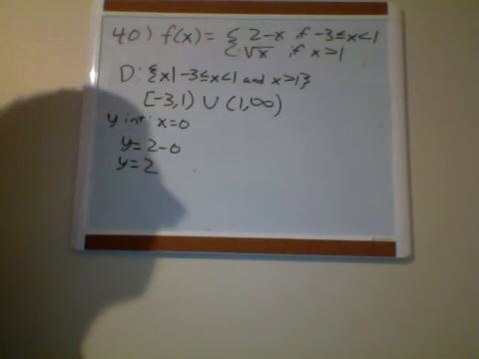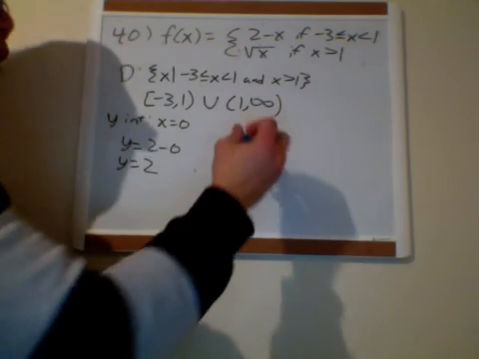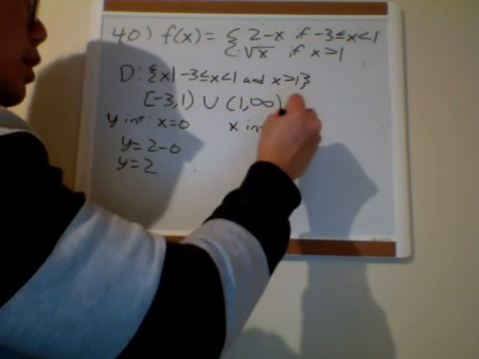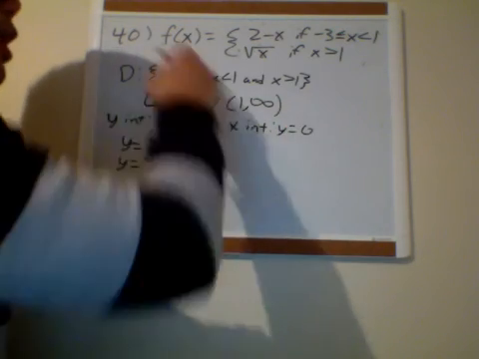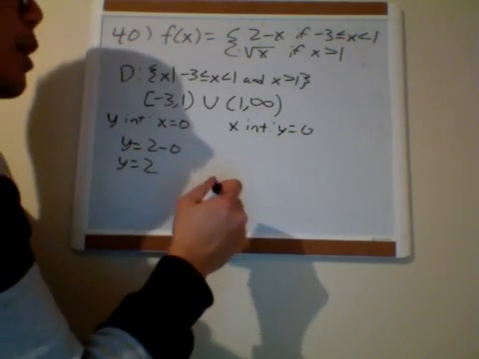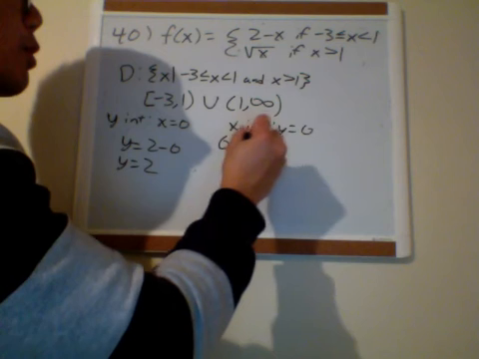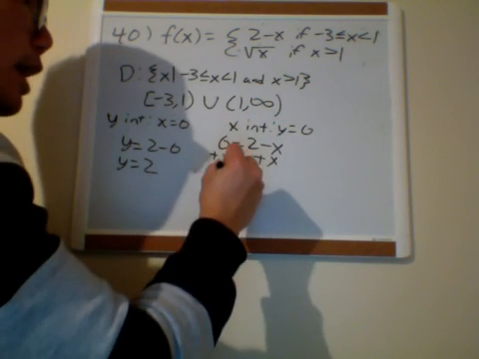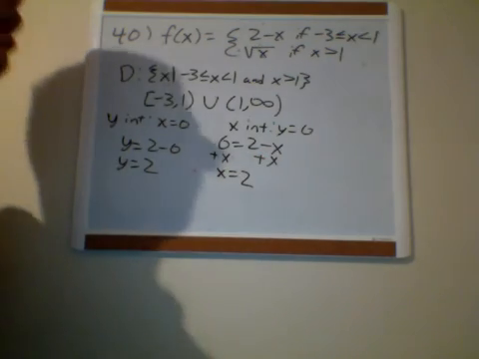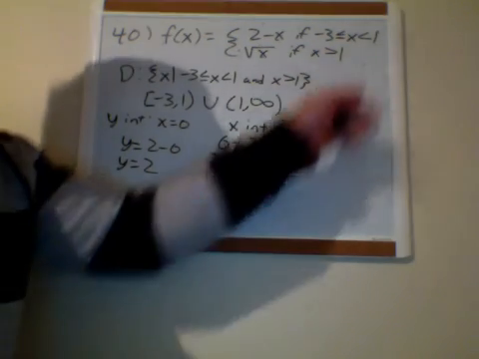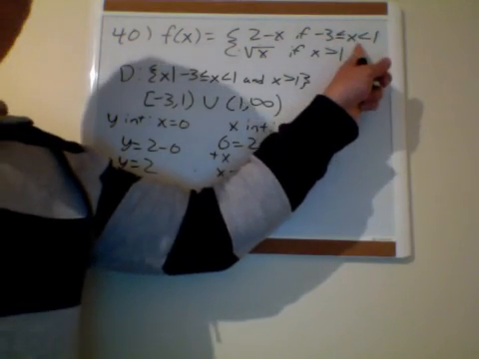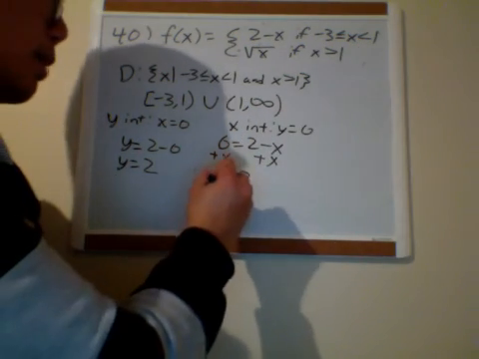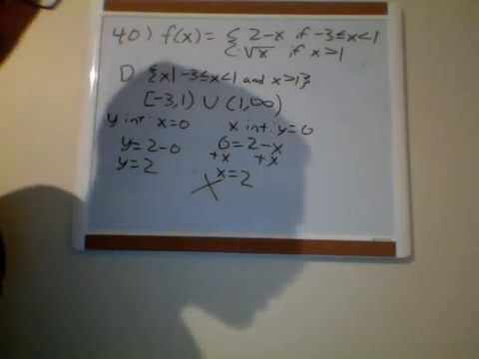Now to find my x-intercept, I'm going to set y is equal to 0. So I'm going to plug it into the top part of the piecewise function. I get 0 is equal to 2 minus x. I add x to both sides, and I get x is equal to 2. Now, this does not fall within the domain of the top part of the piecewise function, so this is not an x-intercept. I'm going to make a big X there because that doesn't work.